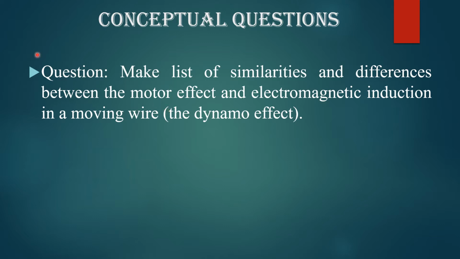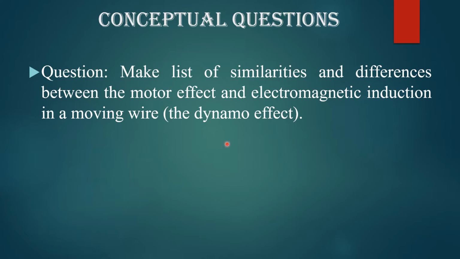In electromagnetic induction, the input is provided by some mechanical means, because mechanical energy is converted into electrical energy, and in the motor effect, electrical energy is converted into mechanical energy. So in a motor, the input is some electric source.